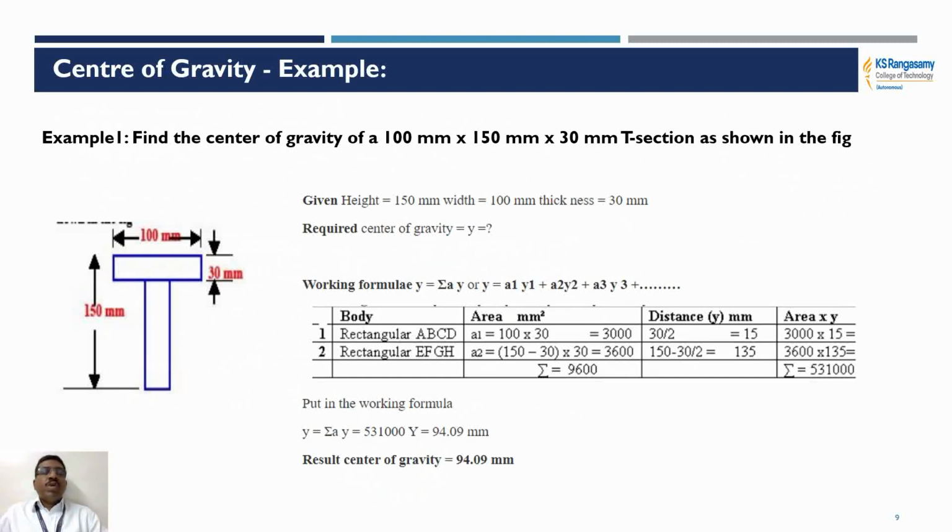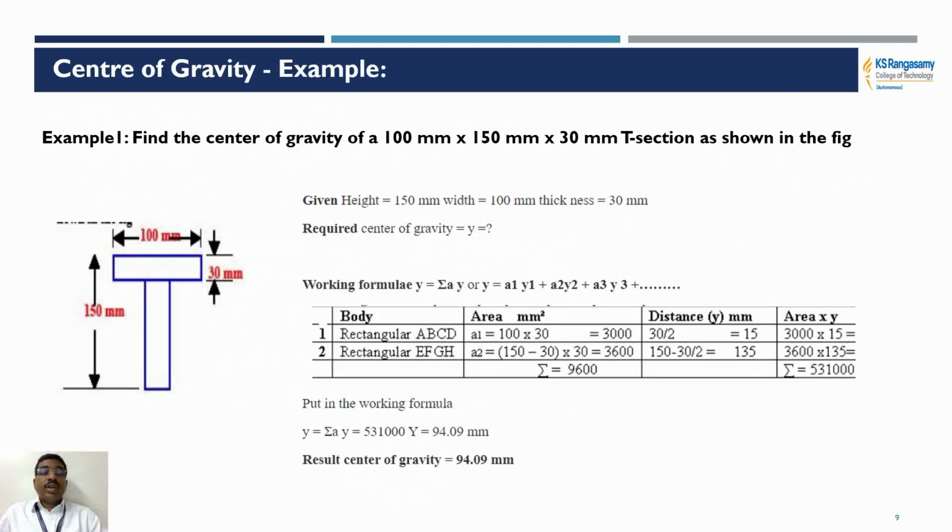If you take the reference line from the bottom, y2 will be 120 divided by 2, and y1 will be 120 plus 30 divided by 2. Here I am giving it from the top: 30 divided by 2 is 15 mm for y1, and 150 minus 30 divided by 2 gives 135 mm for y2 from the top.